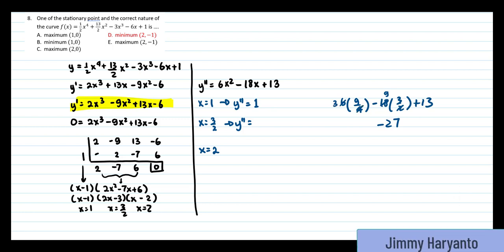This one will be 3 over 2, 27, 13.5 plus 13, 26.5 minus 27, it's negative 0.5.